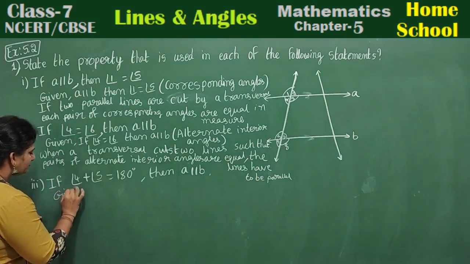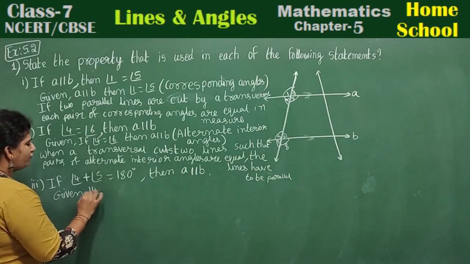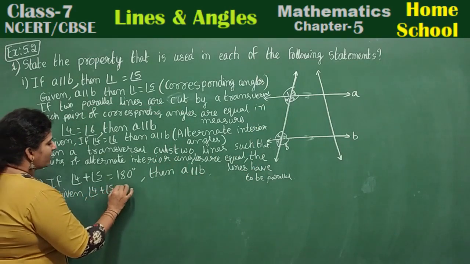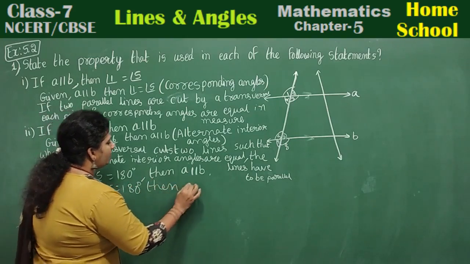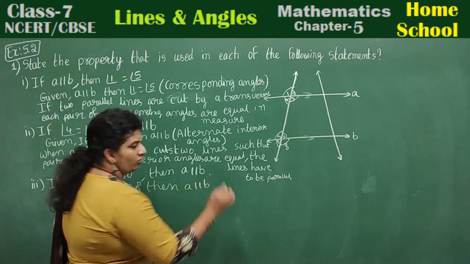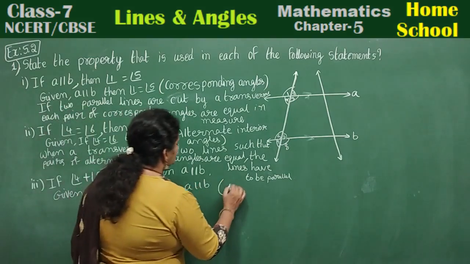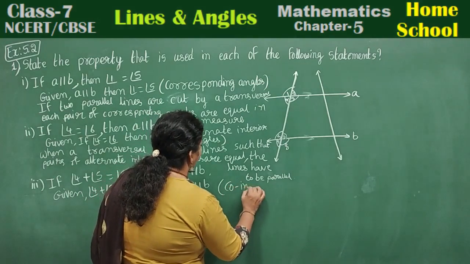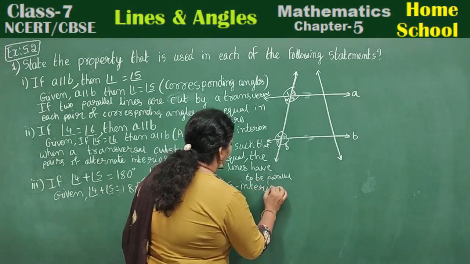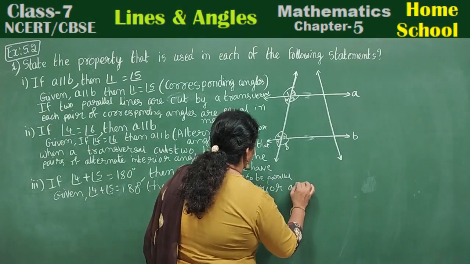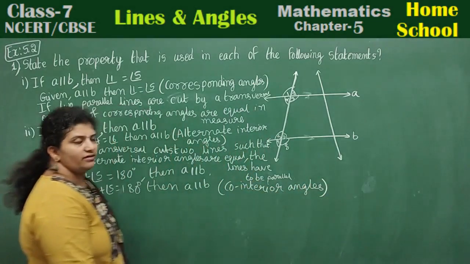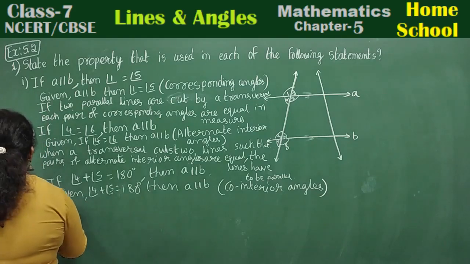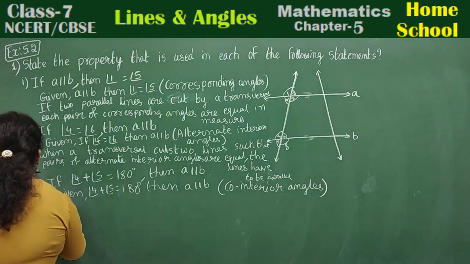Given angle 4 plus angle 5 is equal to 180 degree, then A parallel to B. What is the property? Co-interior angles. By this property, I can accept this statement. Write the reason here. What is the reason we are going to write?